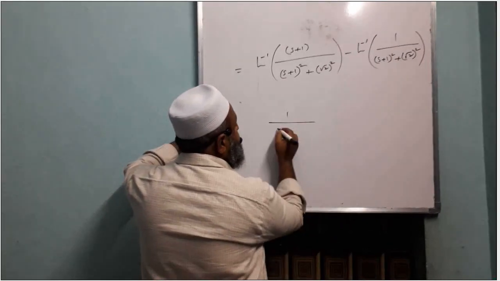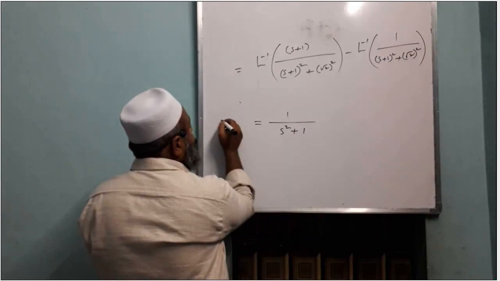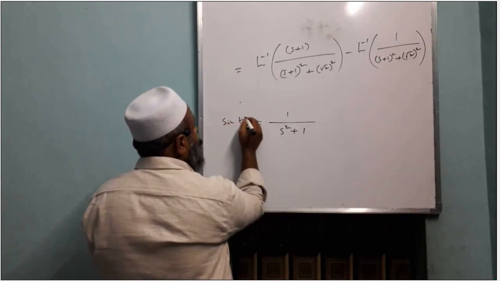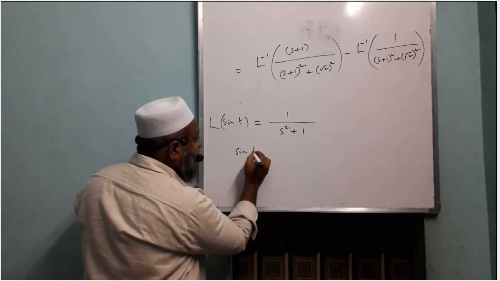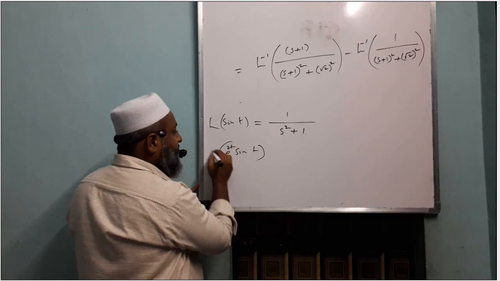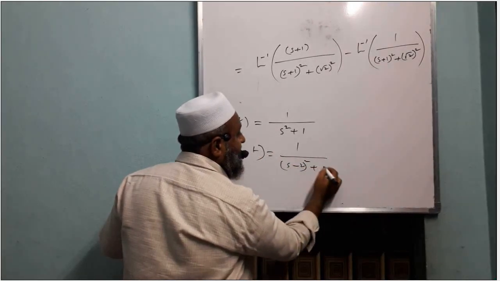If I have s square plus 1, this is actually the case when I am using the Laplace transform of sin t. If I have sin t with e to the power of 2t, this will become 1 by ((s minus 2) whole square plus 1).